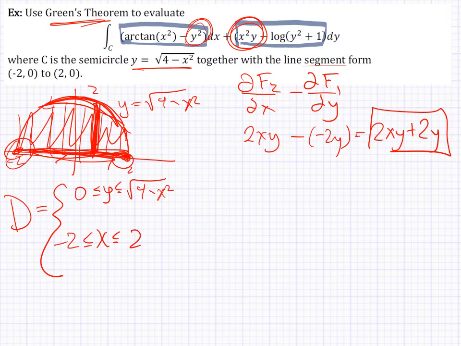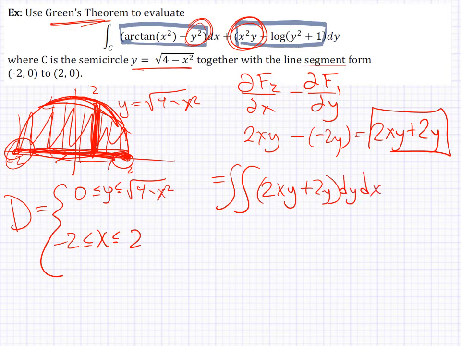So we create this double integral where we're integrating 2xy plus 2y with respect to y and then x, where y goes from 0 to that square root of 4 minus x squared, and x goes from -2 to 2.